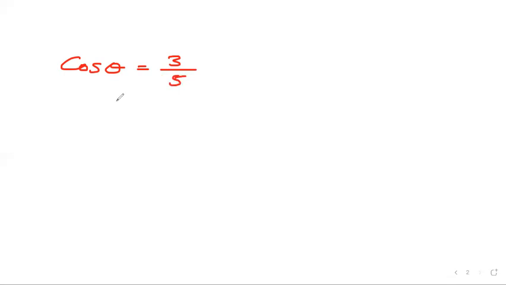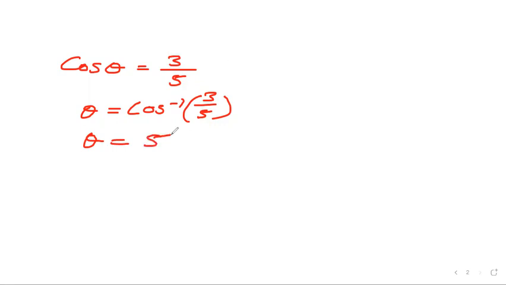From there, we can make theta the subject of the formula and say cosine inverse of 3/5. So what will be the value of your theta? 53.1 degrees.